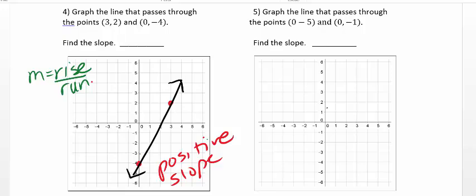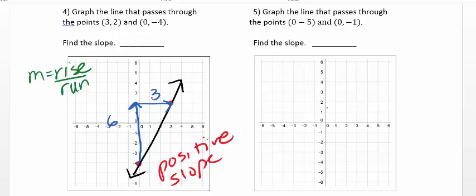So I'm going to start with the point that's furthest to the left down here, the (0, -4), and I'm going to see what my rise and my run is to get to the second point. So I had to go up 6 units, that's 1, 2, 3, 4, 5, 6 units, and then to the right 3 units to get to the second point.